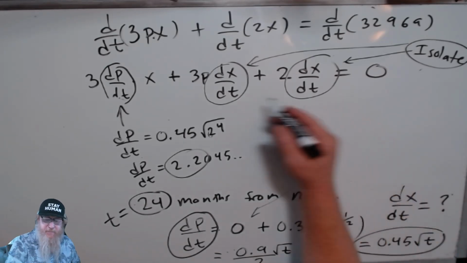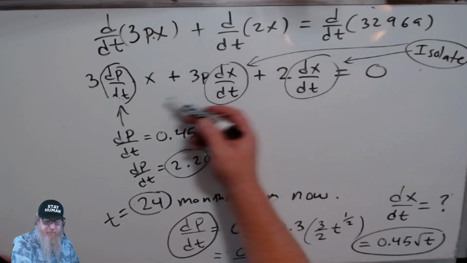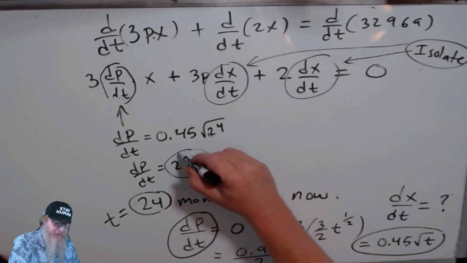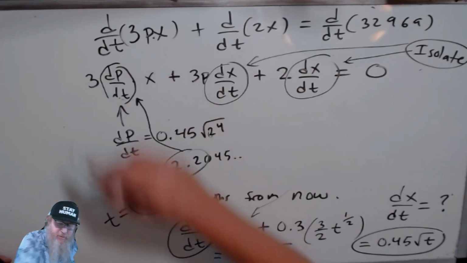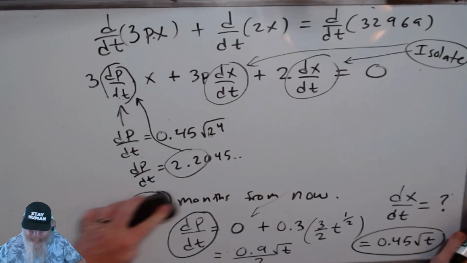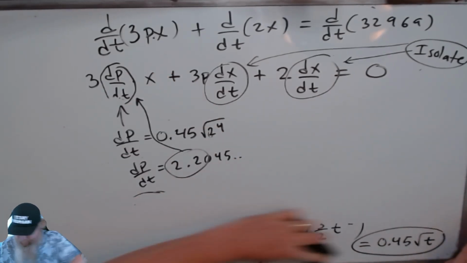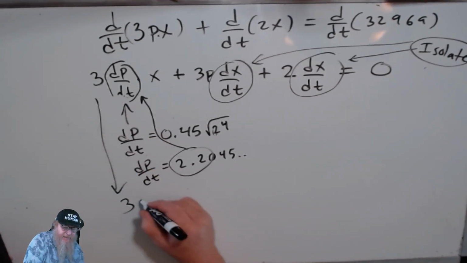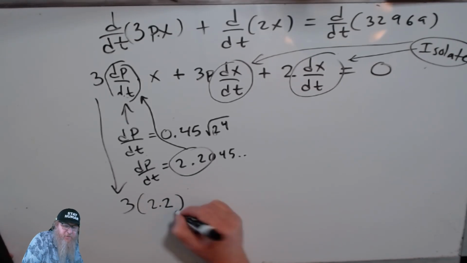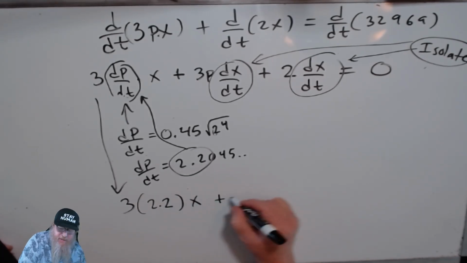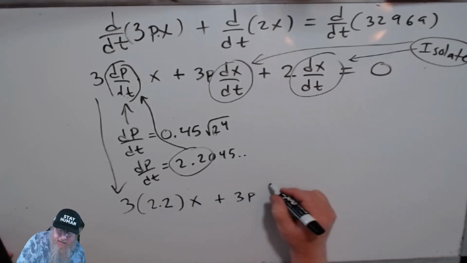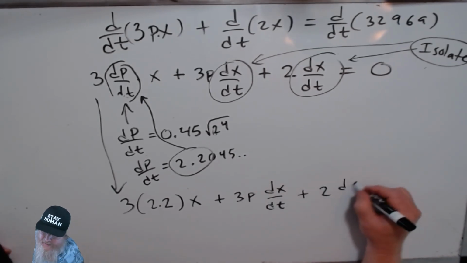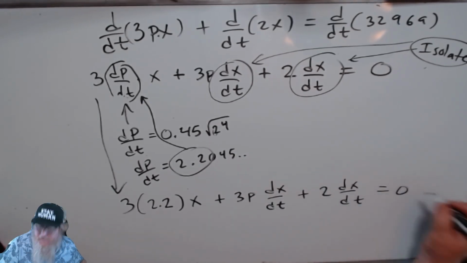All right, so I've kind of left this problem hanging here. I was trying to clean it up a little bit, so now I can plug 2.2 into here. So I've got 3 times 2.2 x plus 3p dx dt plus 2 dx dt equals 0.